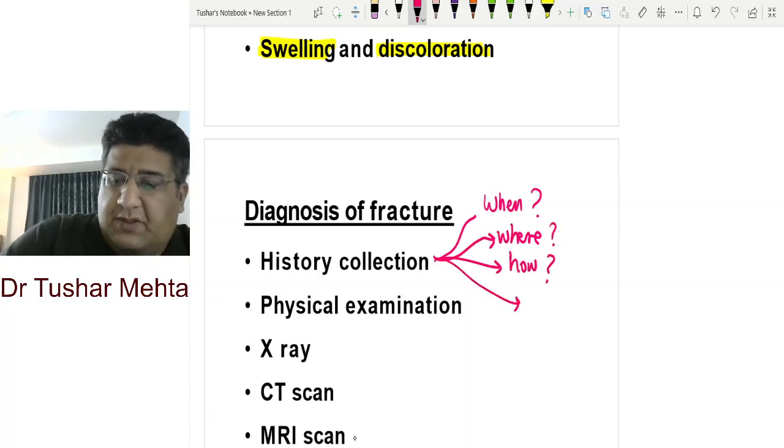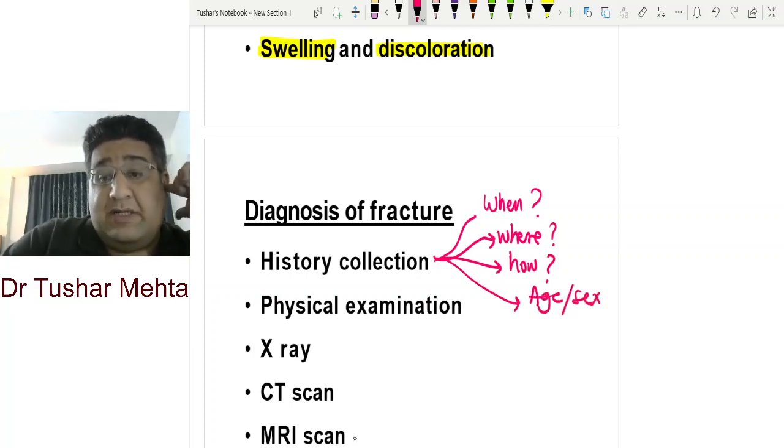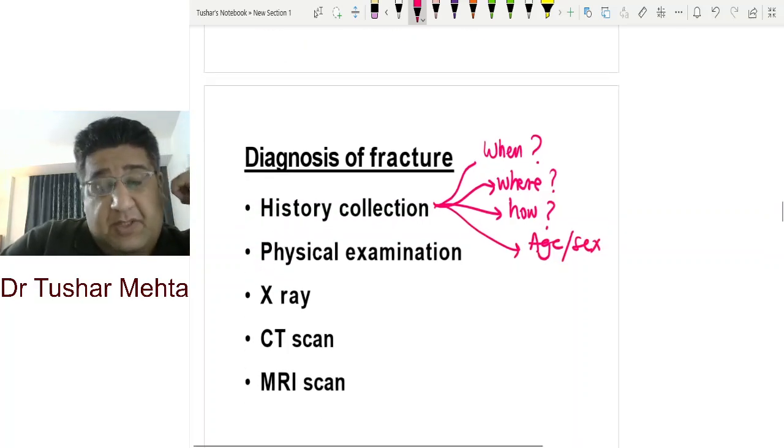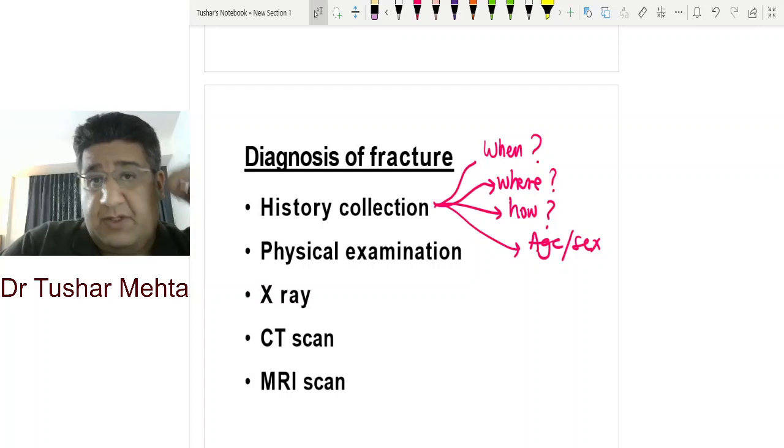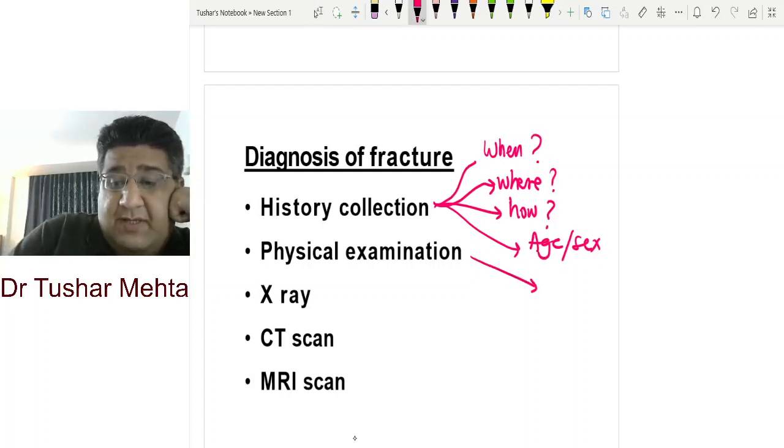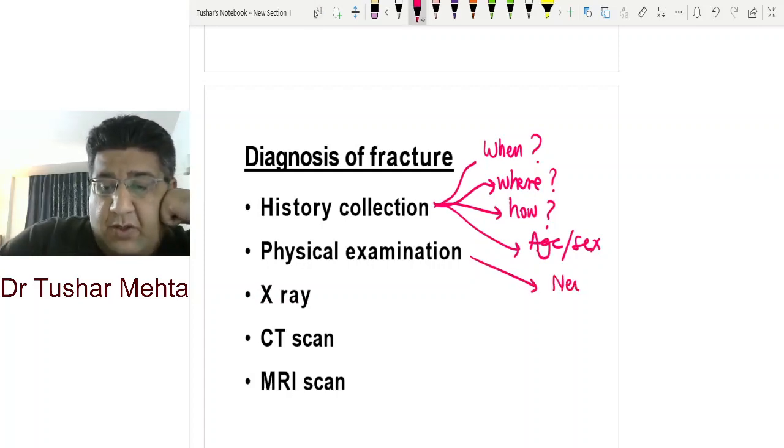Then you have to see the age as well as the sex, because this also gives you a classical idea. So history is important. Then in physical examination, we've already spoken about certain things, like for example, in every fracture you have to comment upon the distal neurological status.